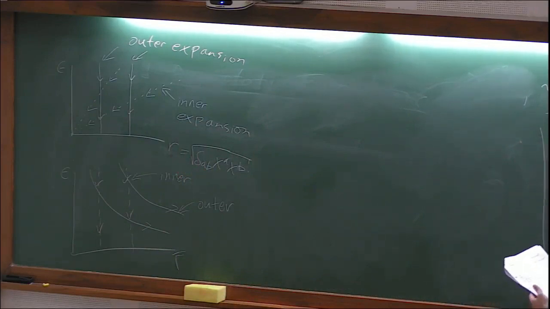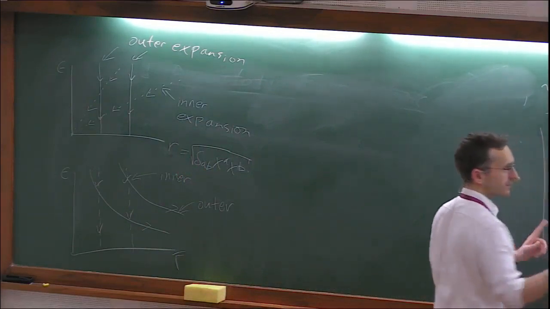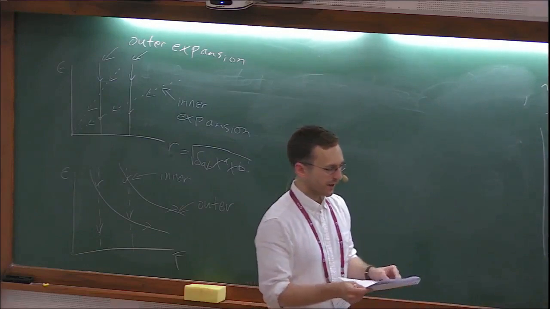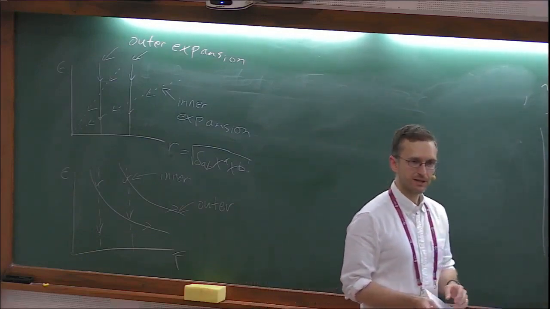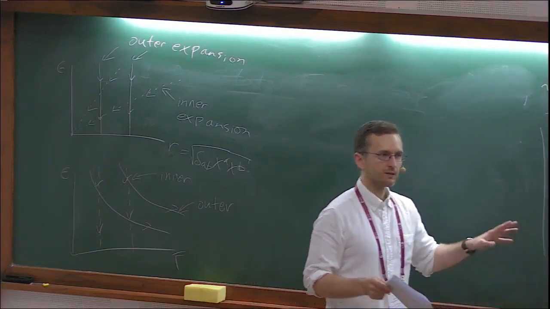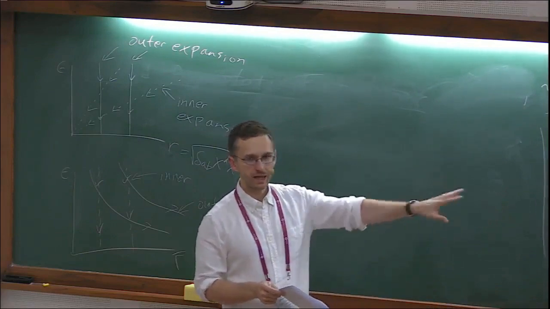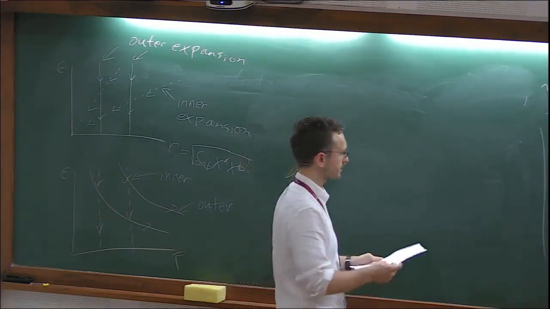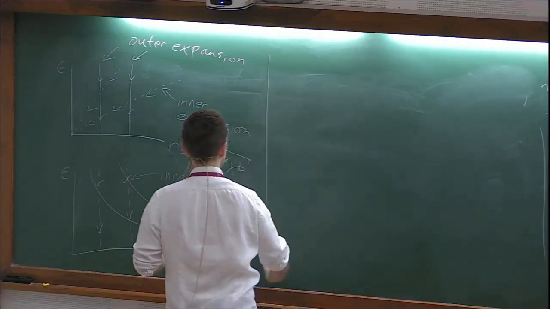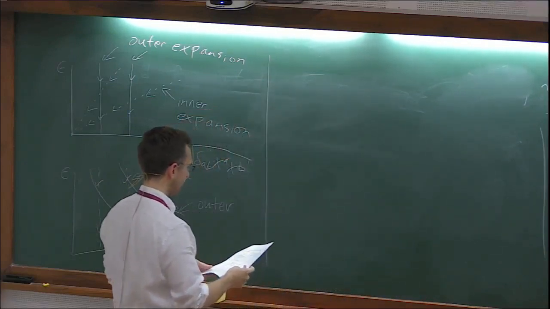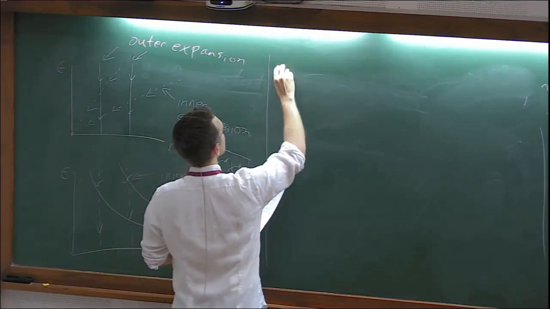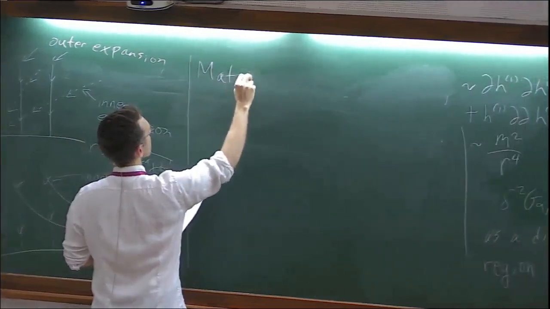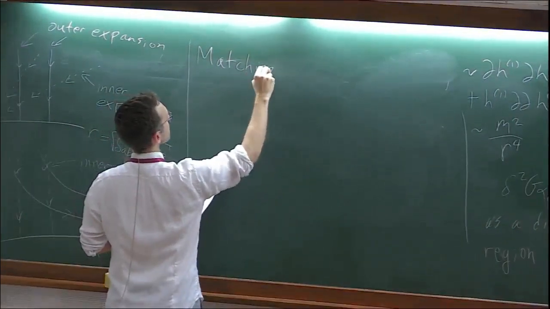Okay. Now we've got two different expansions, and where the matching part of matched asymptotic expansions comes in is that we say these are two different expansions of the same metric, so they have to agree with each other in a certain sense. Now, there's actually a variety of different ways of formulating a matching condition.